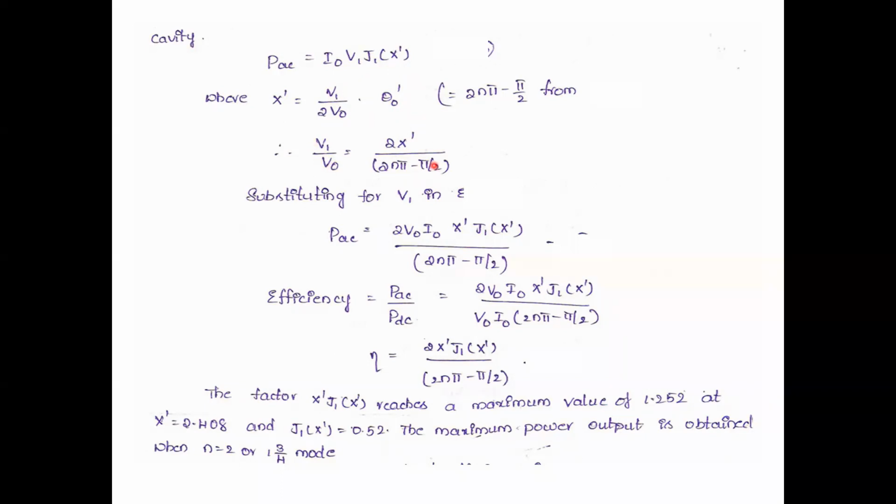So substitute this in PAC. Directly you are getting 2 v naught I naught x dash j1 of x dash divided by 2n pi minus pi by 2. Clear?